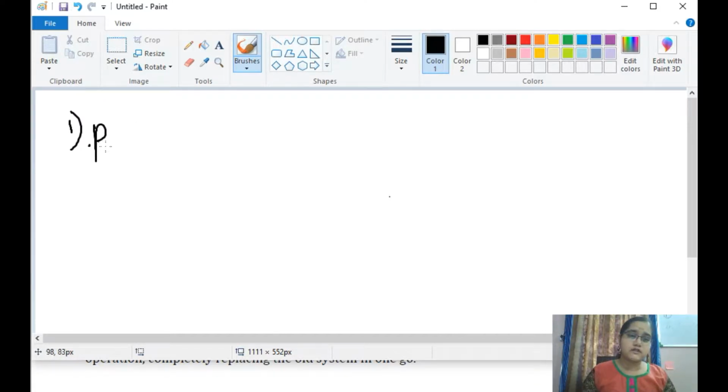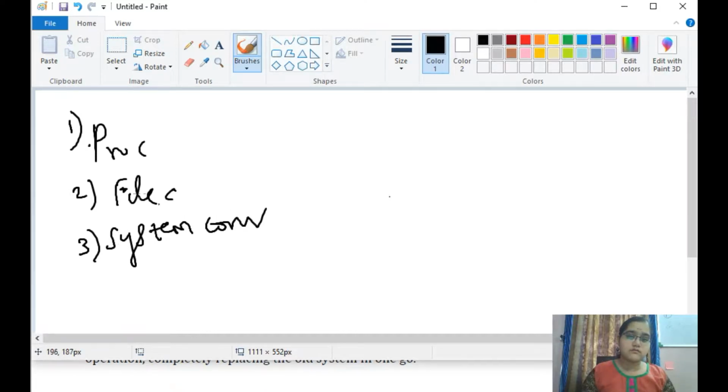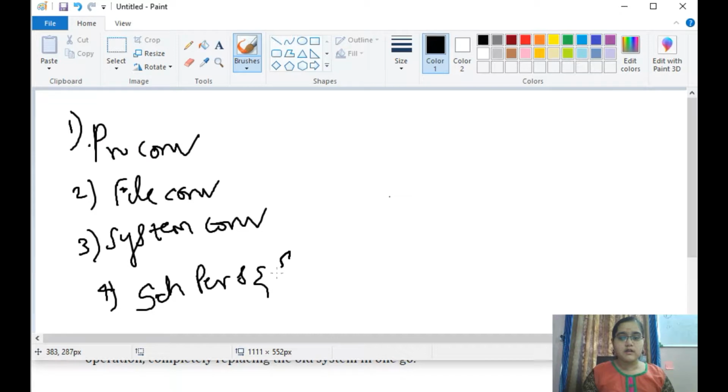First thing is procedure conversion, then file conversion, then system conversion. And the fourth thing which must be done is scheduling personnel and equipment. These technical aspects must be taken care of by the system developers before the system is implemented.